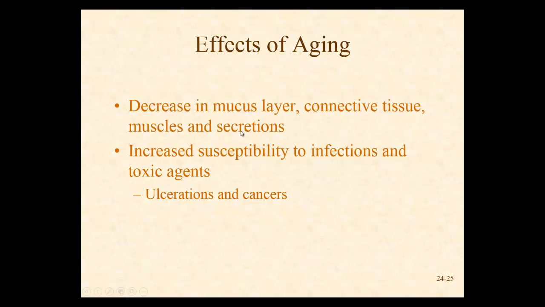And because the immune system is not as effective either, throughout the body, food poisonings can be much more serious in the elderly, as well as poisonings, eating spoiled food, for example, that might be giving off a toxin that normally a younger person could tolerate. The elderly are more susceptible to complications related to that.